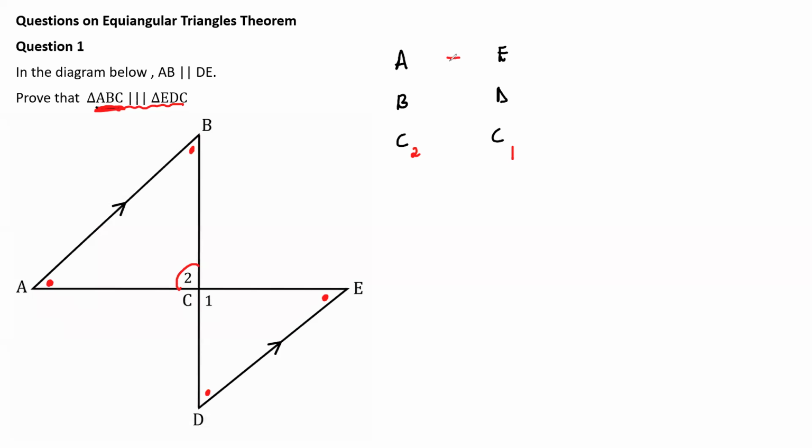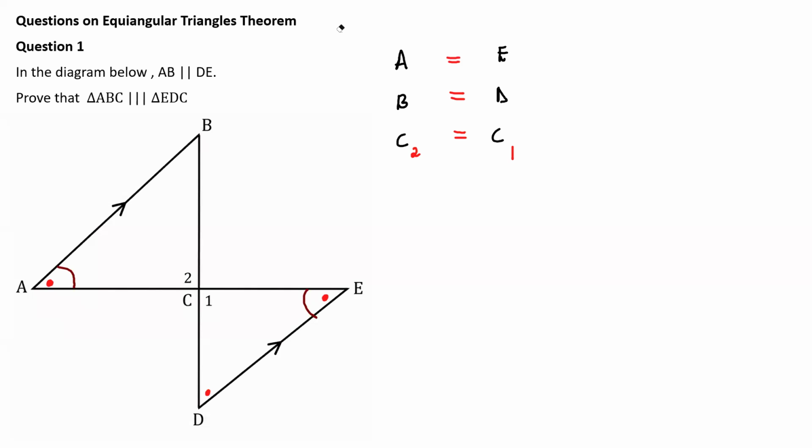If I'm proving that they are similar, then I'm showing that the angles are equal. A equal to E. What's my reason? I need to have a reason for every statement. Why is A equal to E?